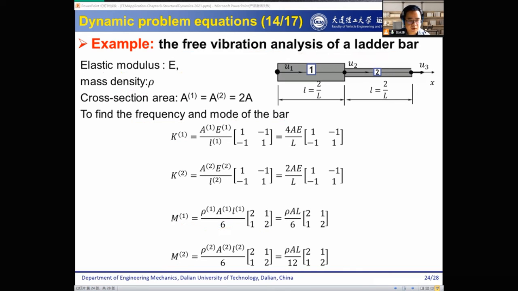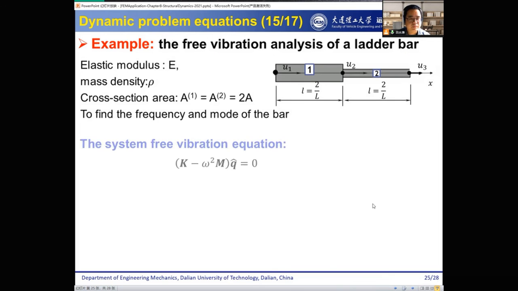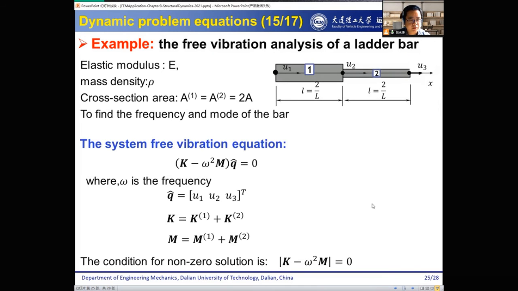Okay. So then next, this is the free vibration equation, and we already solved the stiffness matrix and the mass matrix. Then we can put them into this equation to solve it. In this equation, omega is the frequency, and this is the displacement vector.